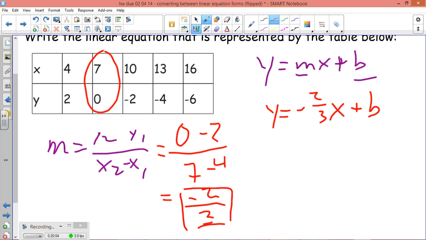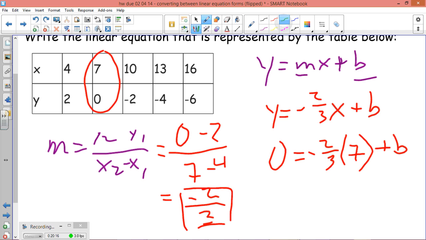So I'm going to replace y with my 0, and that's going to be equal to negative 2/3 times whatever x is, which is now 7 temporarily, plus b, and we're going to solve for b. Negative 2/3 times 7 is negative 14 over 3, plus b is equal to 0.